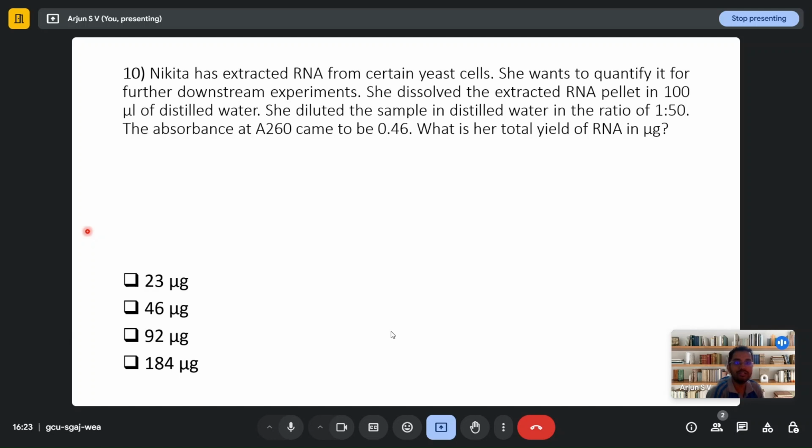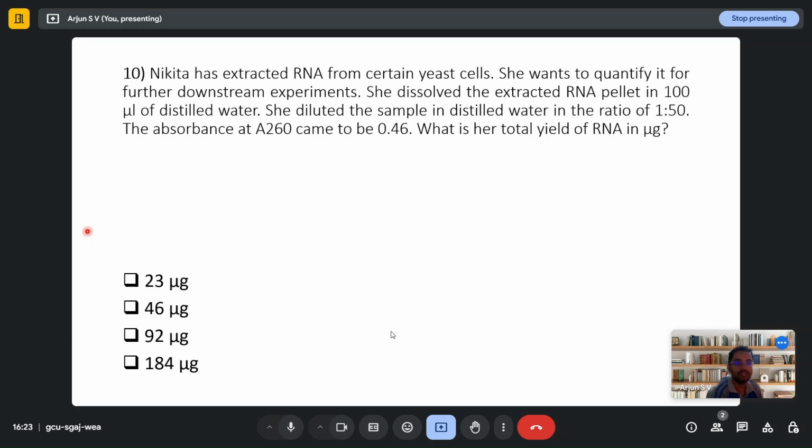She has dissolved this RNA pellet in 100 microliter of distilled water, and then she has diluted the sample again in distilled water in the ratio of 1:50. So two dilutions, first in 100 microliter of water, and once again in distilled water in the ratio of 1:50. And after the two dilutions, the absorbance has come to be 0.46. So what is the total yield of RNA in microgram?